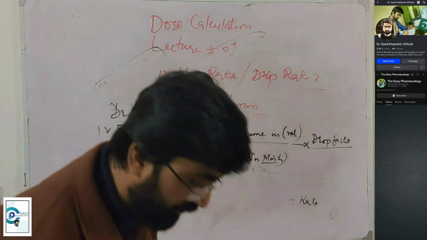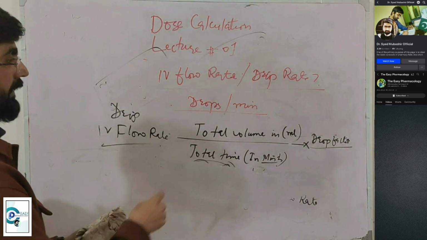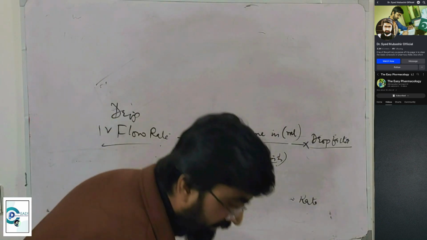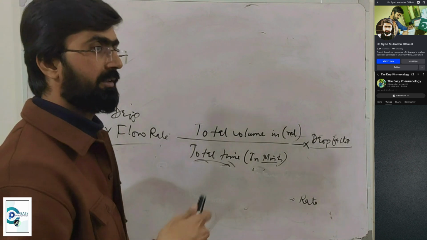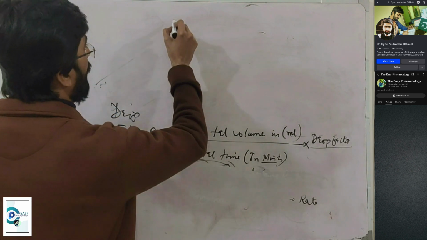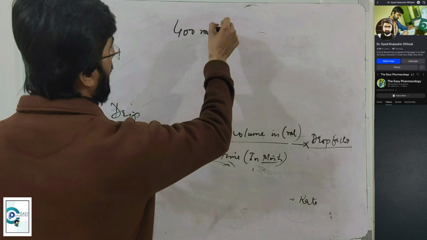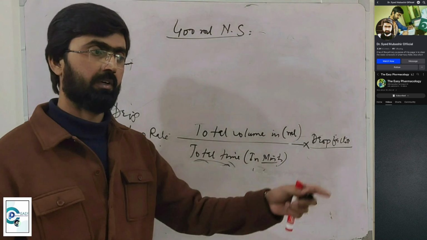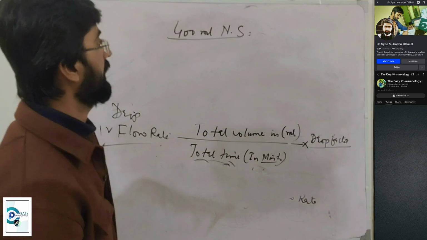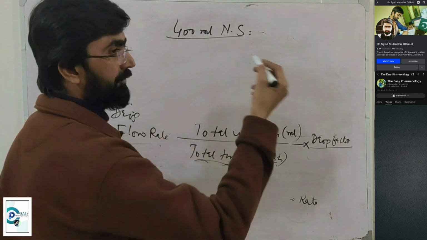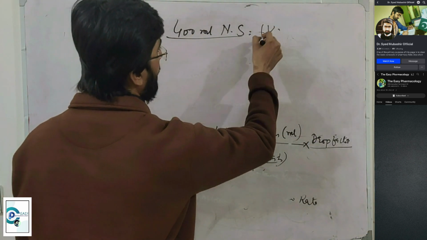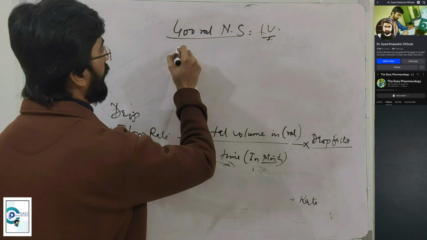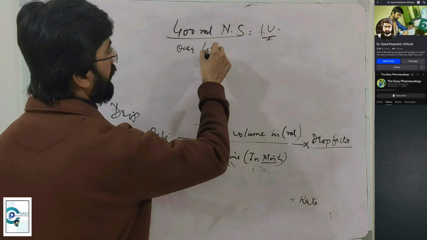Here let us do an exercise. Let's suppose a doctor prescribes for a patient 400 ml normal saline. The doctor says you have to give 400 ml through IV, and that you have to give this normal saline over 4 hours.